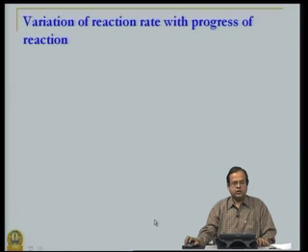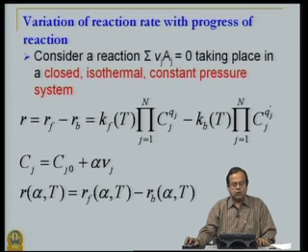Now, let us see how reaction rate varies as the reaction progresses. We have the rate of reaction, which is forward rate minus backward rate, with power law kinetics as expressed over here. Let us bring in our definition of extent of reaction: C j is C j 0 plus nu j into alpha.